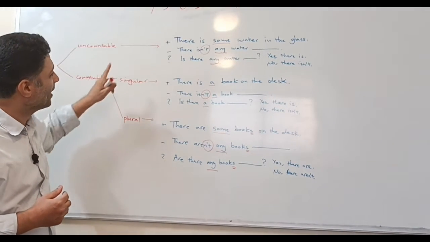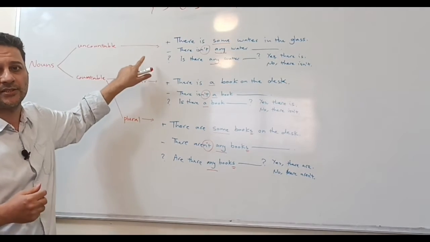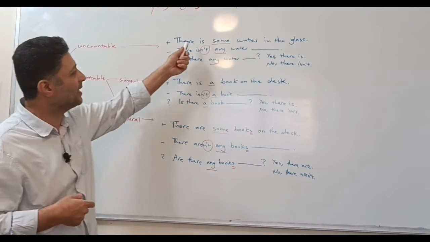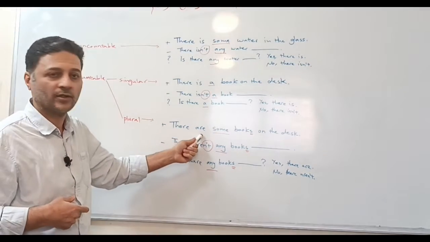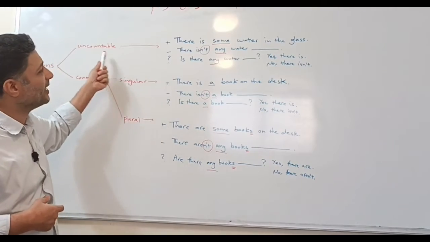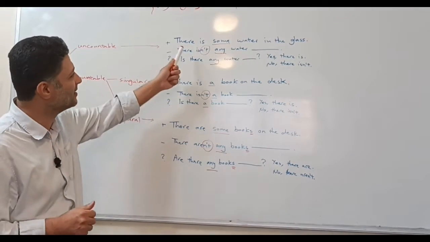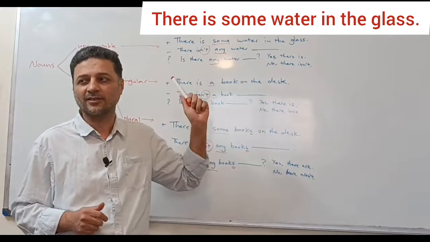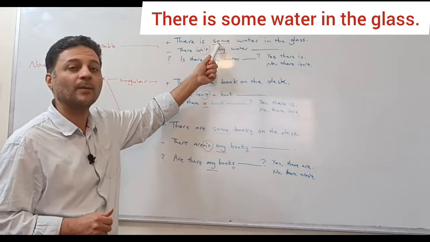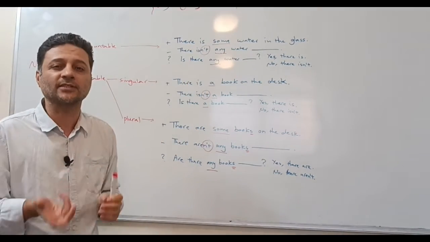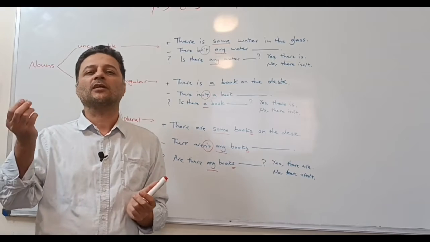Then, having known this, we move on to there is and there are. For uncountable nouns, I gave you one classic example that I always give my students, and that is there is some water in the glass. There is some water because we can't count it. So obviously we use the word some.